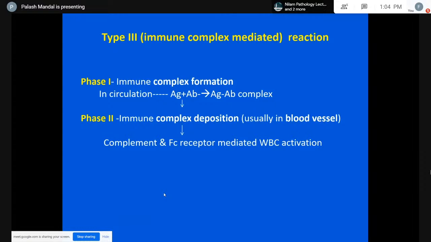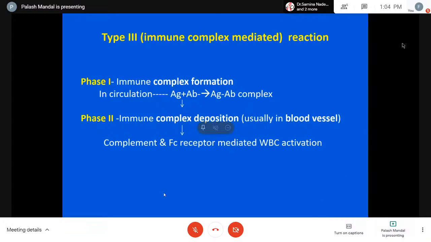Here also all these reactions are immune mediated, so don't get any other ideas. The basic thing is that they are all antigen antibody reactions, but the mode of action is different. The inflammatory cells which are liberated are different, and they occur in different diseases.